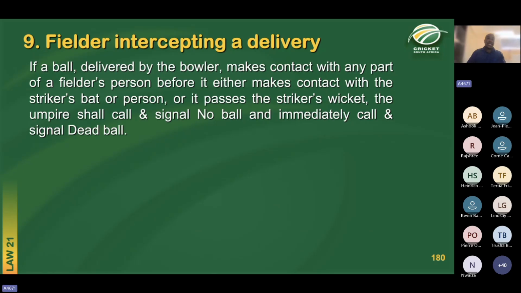It hits that short leg fielder. That would also entail the bowler's end umpire to call and signal no ball and immediately thereafter call and signal dead ball. I've never seen this one happen before. If and when I do, I will definitely play that video in a level 1 umpiring course.